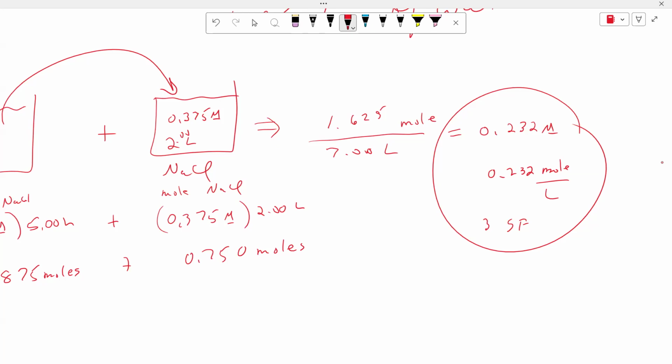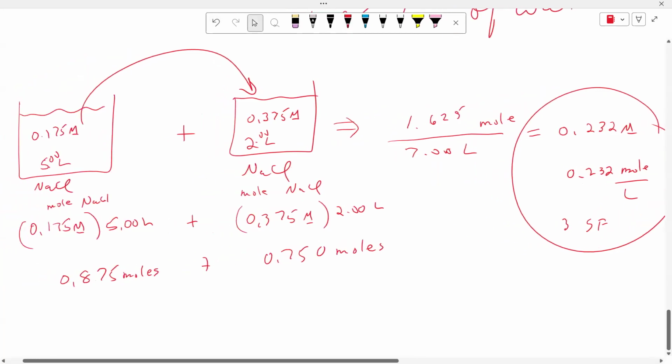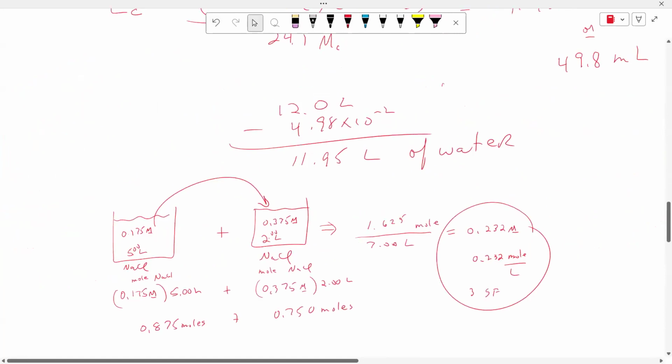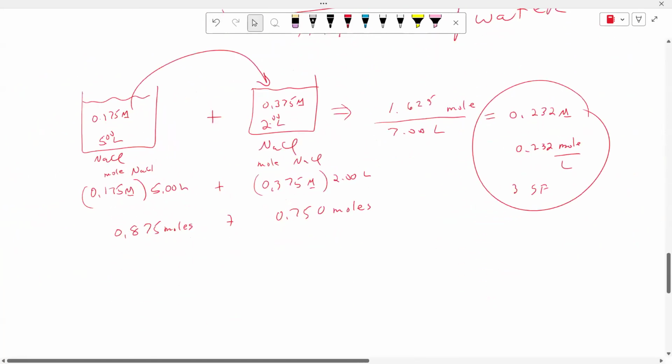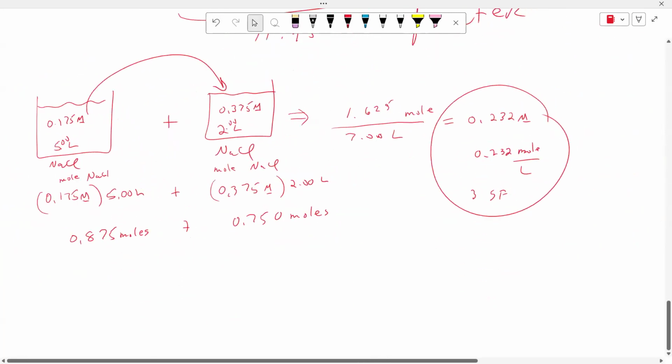So we have to calculate moles here, add them together, and that's what's going to go up here. Now you're going to have one of these on your test 5 also. So are there any questions about how we ended up with this?